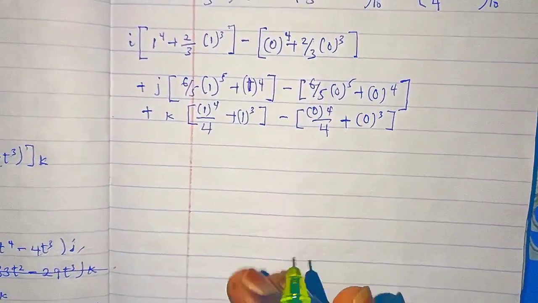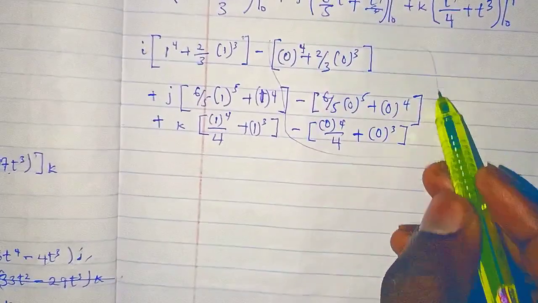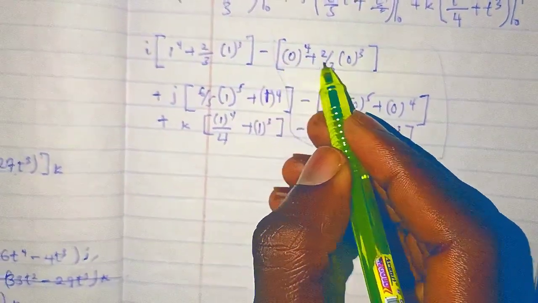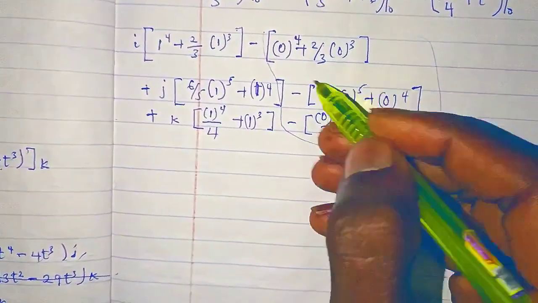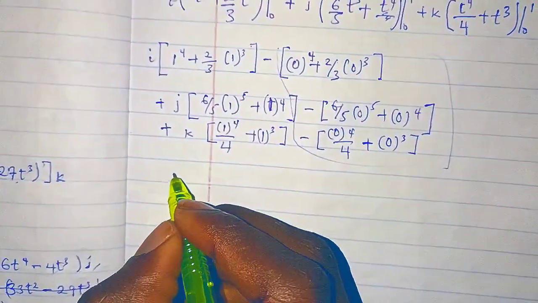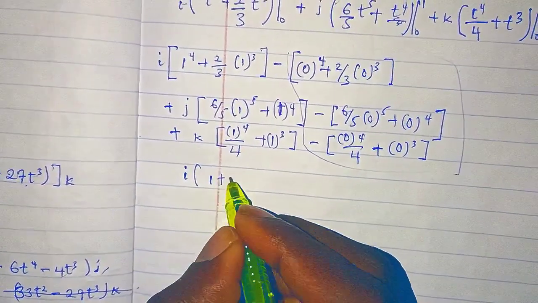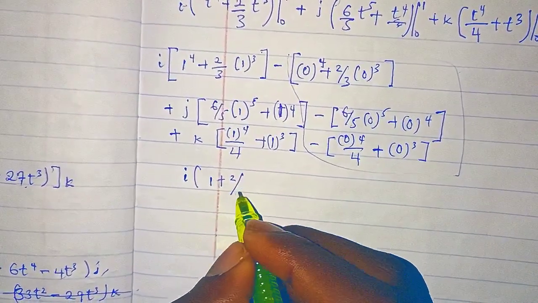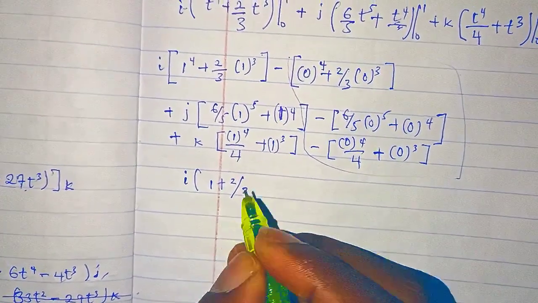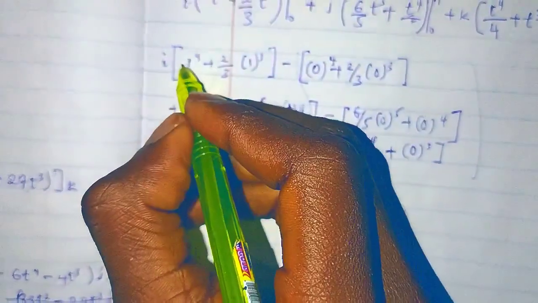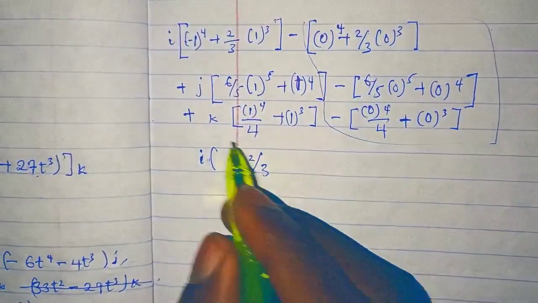Alright, so we're done. If you check, the right-hand side of all the limits is equal to 0, because 0 to any power is 0, and 0 multiplied by everything is 0. So you're going to be left with this side. For i, we will have minus 1 plus 2 all over 3, which is still the same thing.